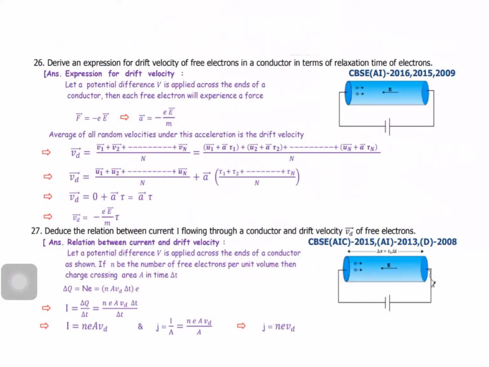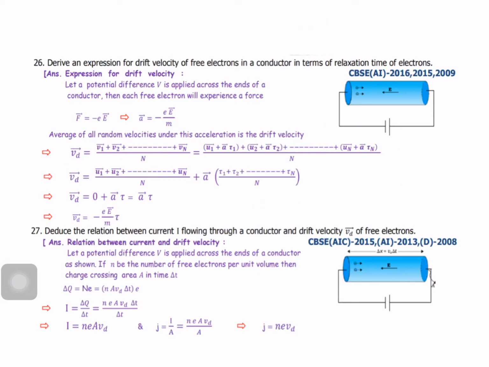Acceleration equal to velocity by time, so velocity equal to acceleration into time. So you can write u1 plus a vector tau 1, plus second one u2 plus a vector tau 2, up to un plus a tau n, divided by n.